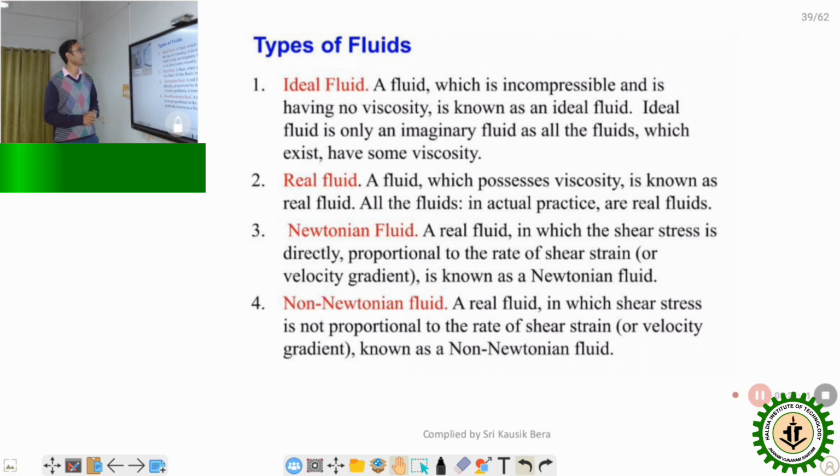There are many types of fluids: ideal fluid, real fluid, Newtonian fluid, non-Newtonian fluid.